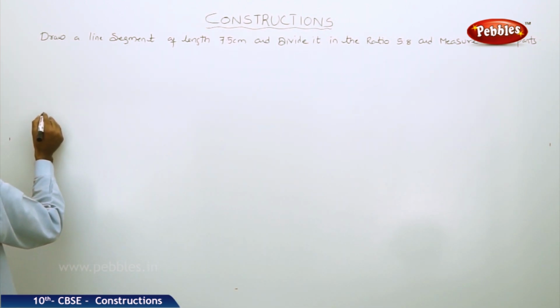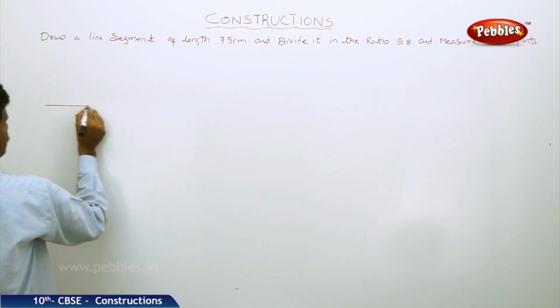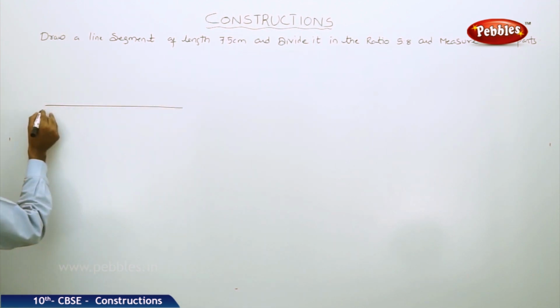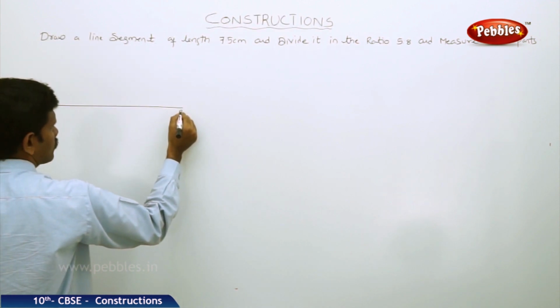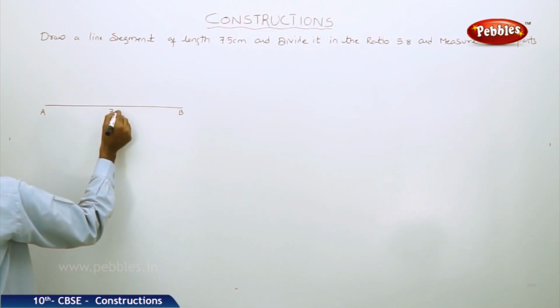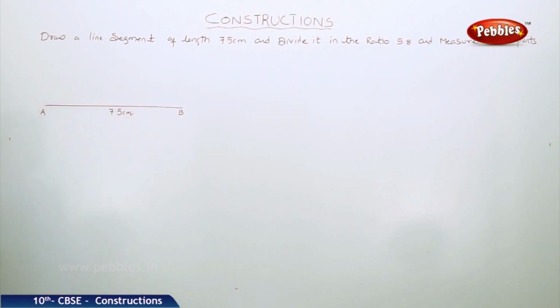Now, let us see. Draw a line segment AB of length 7.5 centimeters.